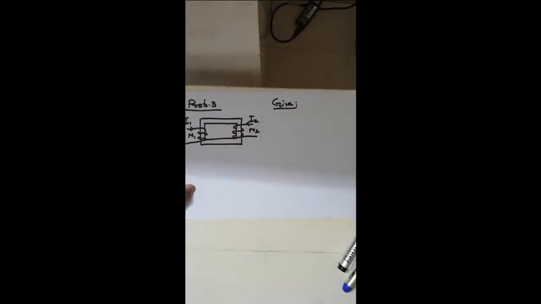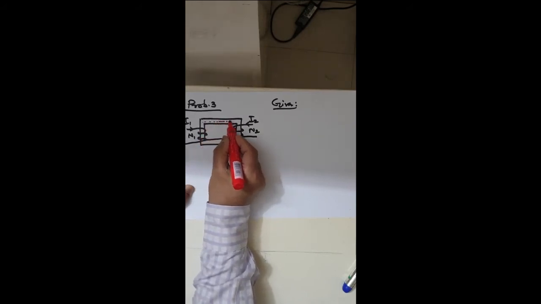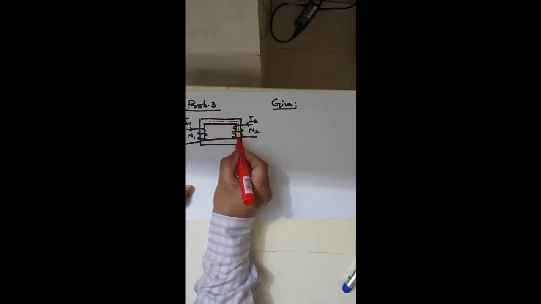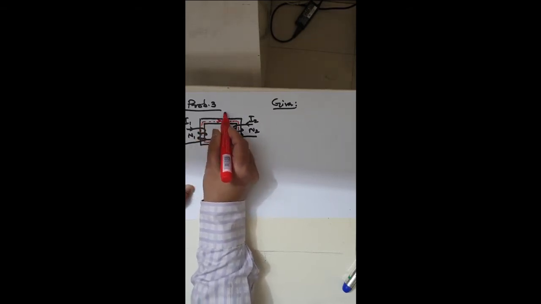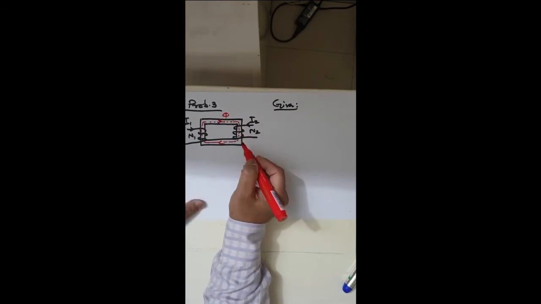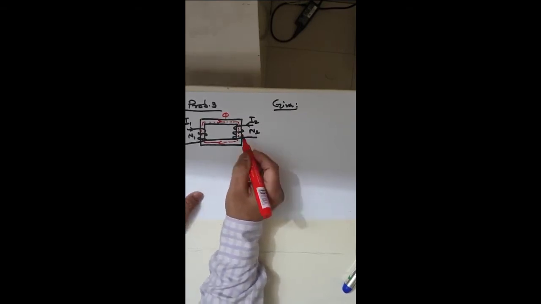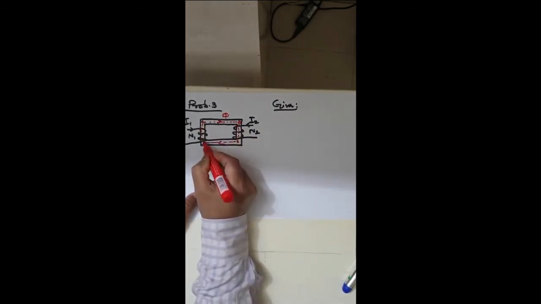Flux lines are flowing through this core, the same flux phi, and you can see here that B, C, D is the flux lines direction.